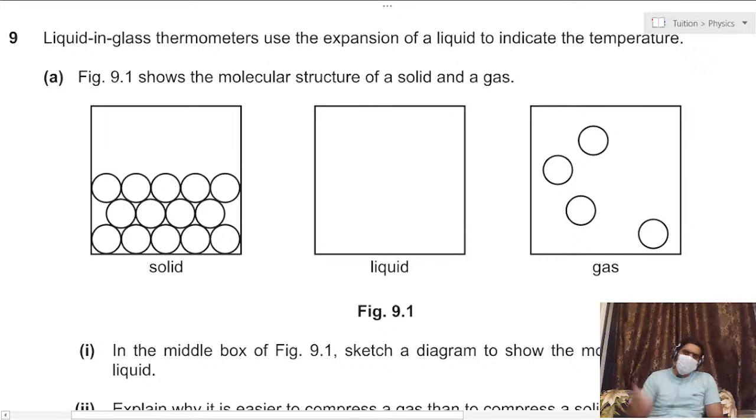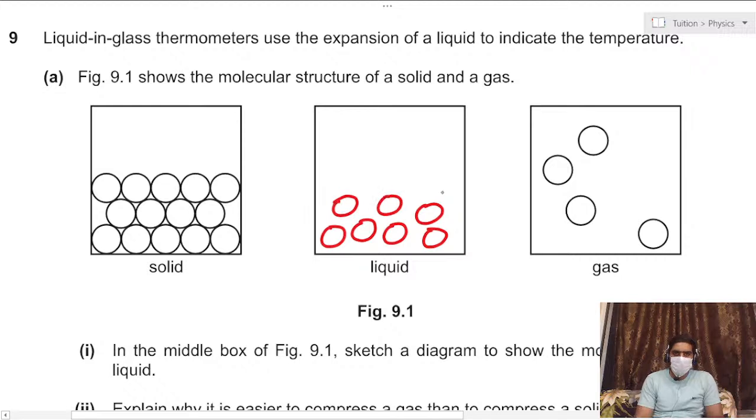So it would be in an intermediate phase of solid and gas. Not too close and not too far apart. If they are too close, that would be a solid.